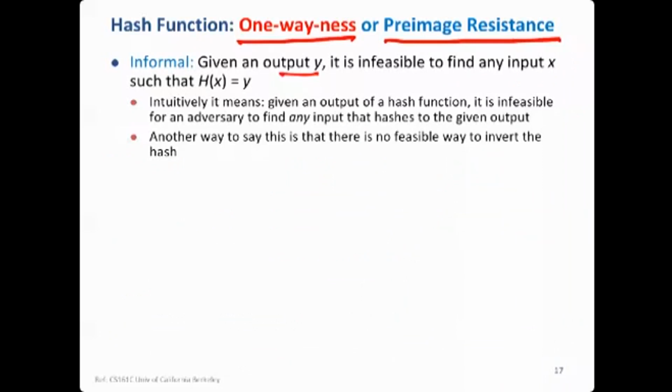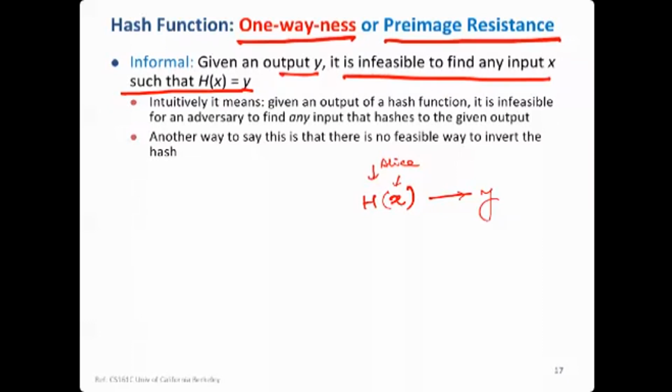So someone, Alice for example, calculates h of x. She knows x and y. This output y she gives to Bob. Bob has the value of y. Can Bob find out the value of x from this?